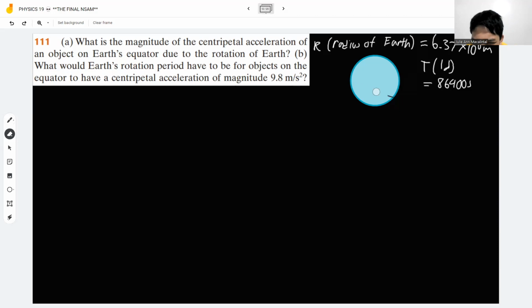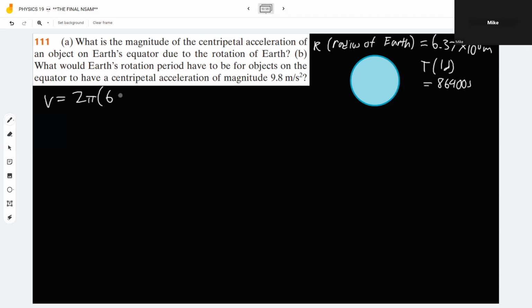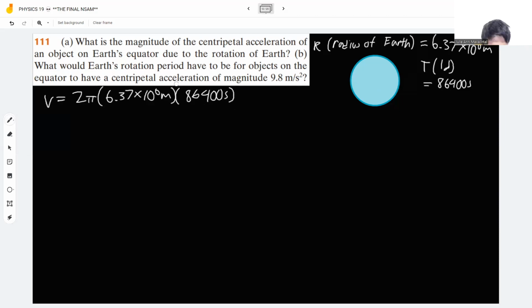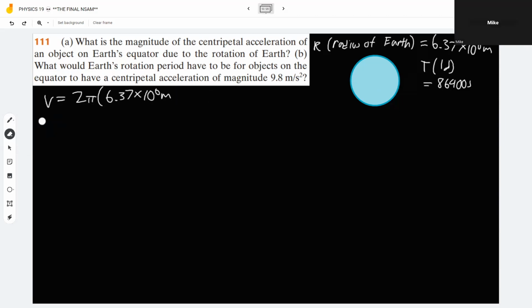Okay. So ano ba yung acceleration? Wait, v is... So, ano yung speed? Okay, speed muna. Wait, divide, yeah, it should be over. So nagkamali po ako doon.